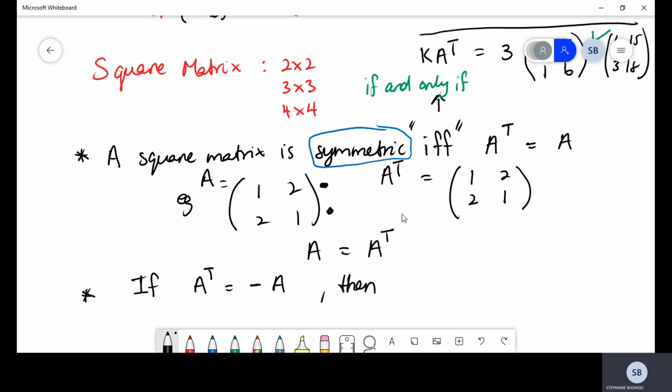Then the square matrix has a name, there's a particular word for it, and it's called skew symmetric.